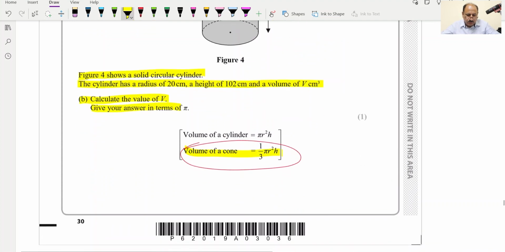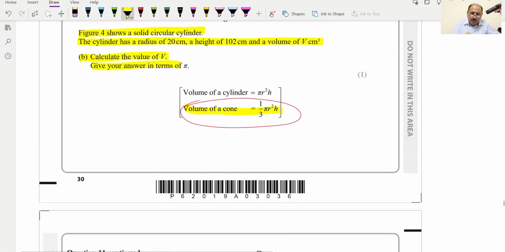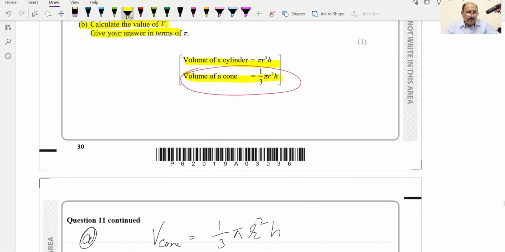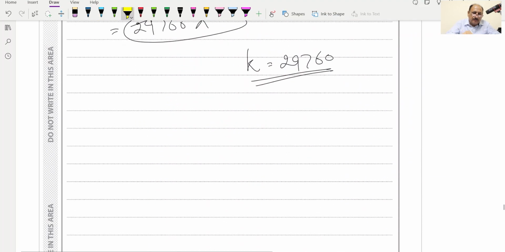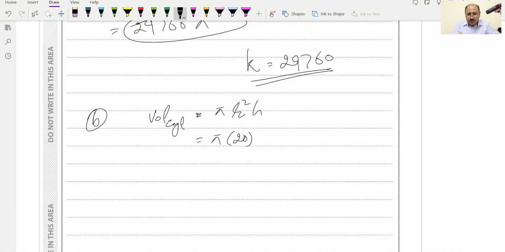in terms of pi. So in terms of pi, and volume of cylinder is given by pi r squared h. So we can directly apply the volume of cylinder. So volume of cylinder is equal to pi r squared h, and this will be equal to pi into r is 20, so 20 squared into h is 102, and this will be equal to what?